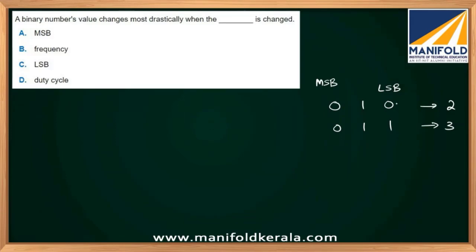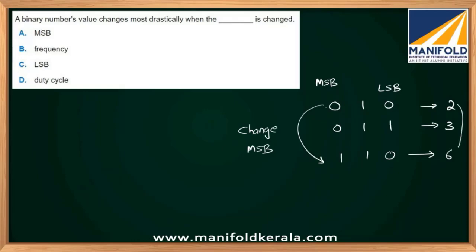Now instead of changing the LSB, suppose you change the MSB of this number, right? Change the MSB. What happens? This will become 1, 1, 0. Can you tell me what this number is? 110 is 6.